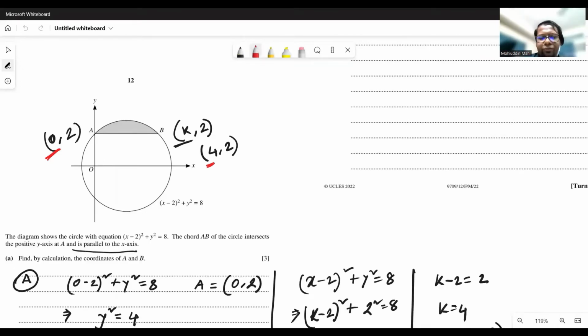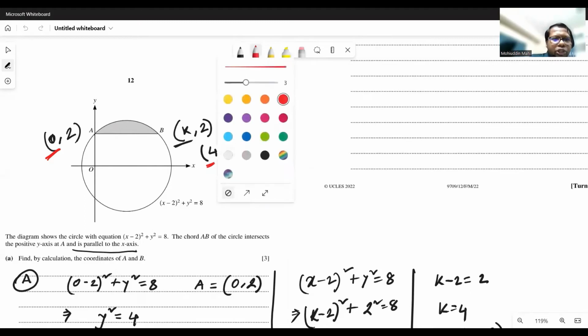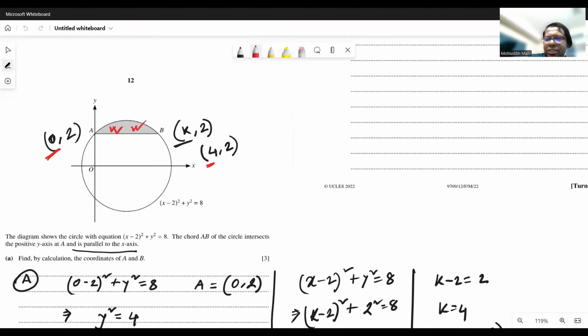In question B, we have to find out the volume generated by revolving the shaded segment by 360° around x-axis. To do that, in the first step, we will find out the volume of the structure generated by the area under AB arc. So that means this whole shaded area.